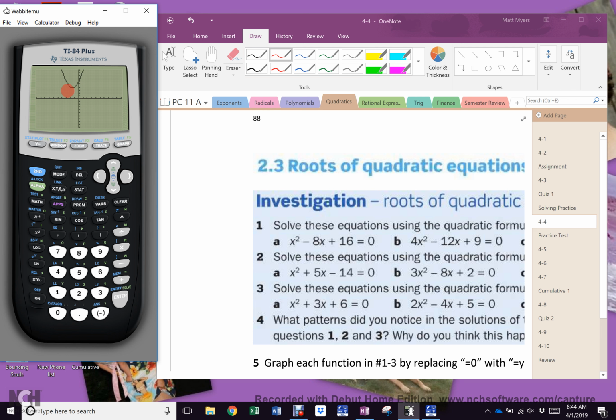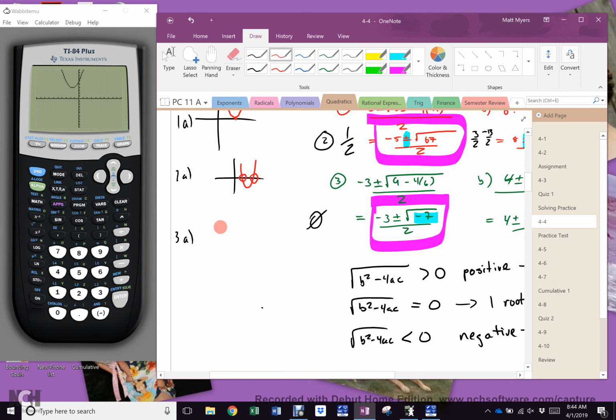And you can see that it never hits the x-axis. So for number 3, it is a fake. Number 3 looks like this and never touches the x-axis. Everybody cool?